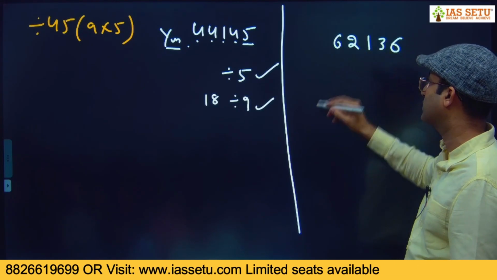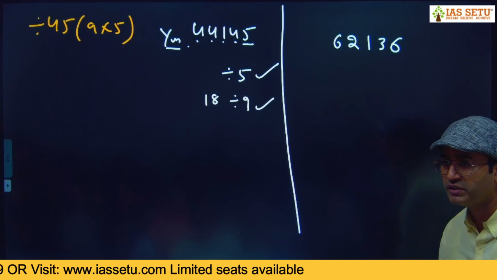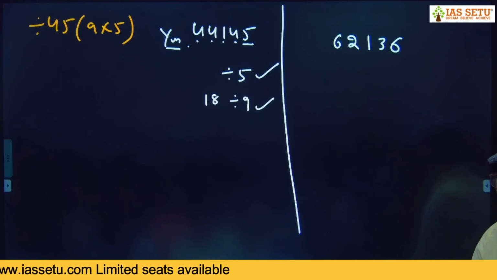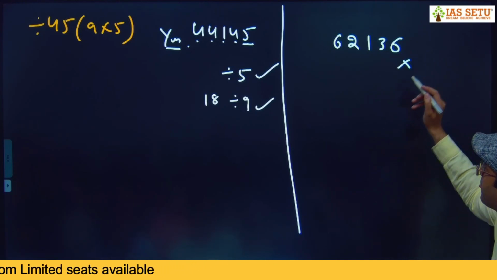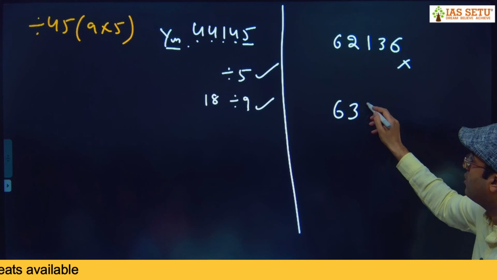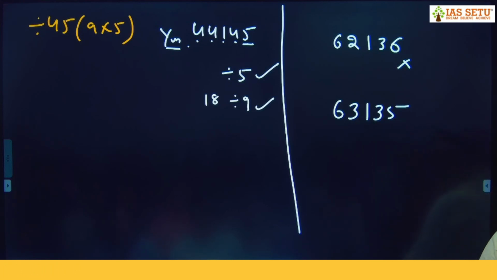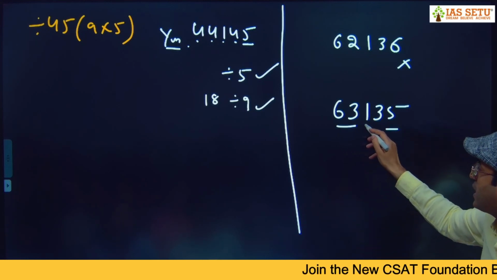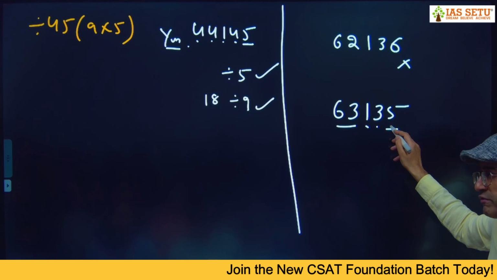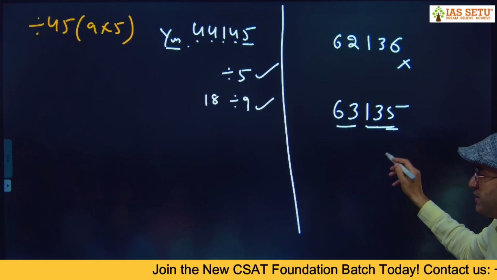Take 62,130. Check if this number is divisible by 45. No, because it is not divisible by 5. Now 63,135. Is it divisible by 5? Yes. 6 plus 3 is 9. 1 plus 3, 4 plus 5, 9. Is it divisible by 9? Yes.